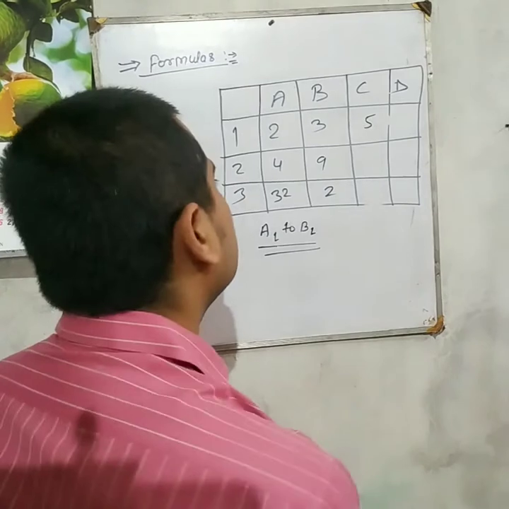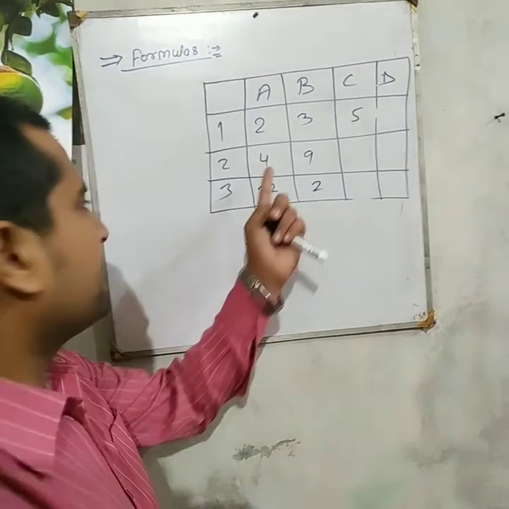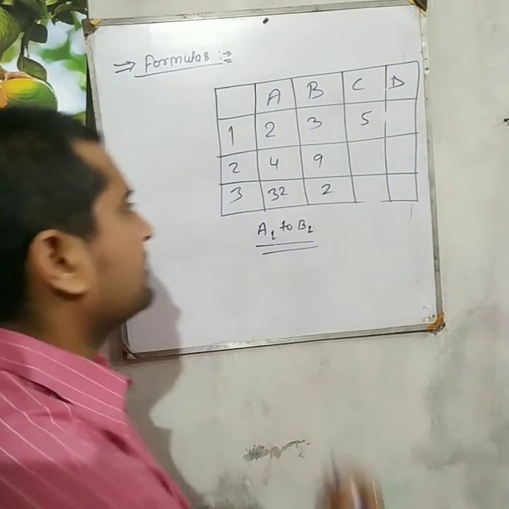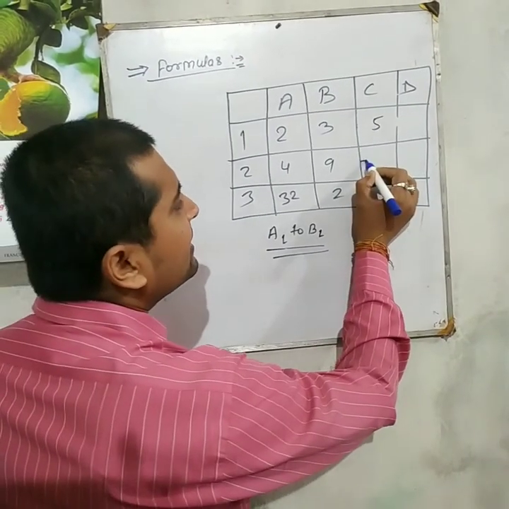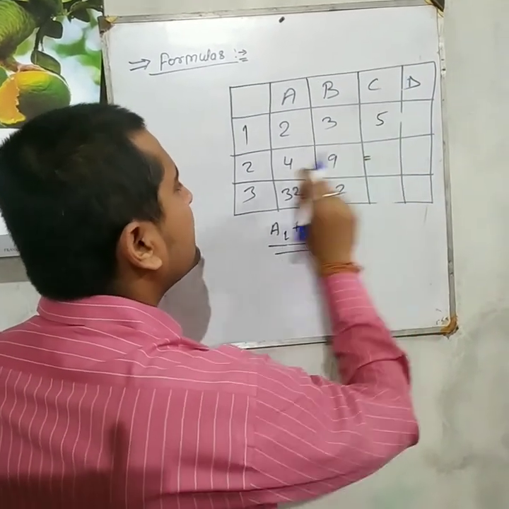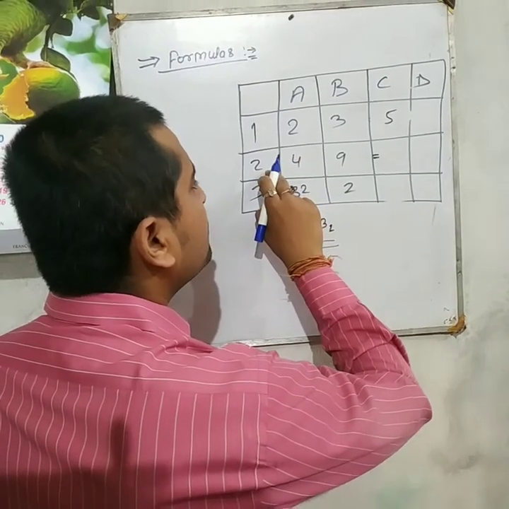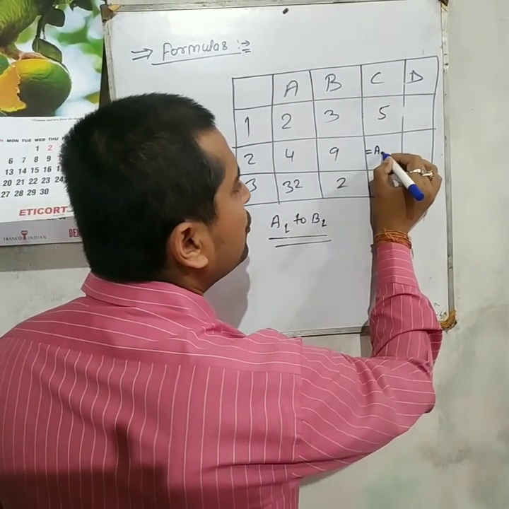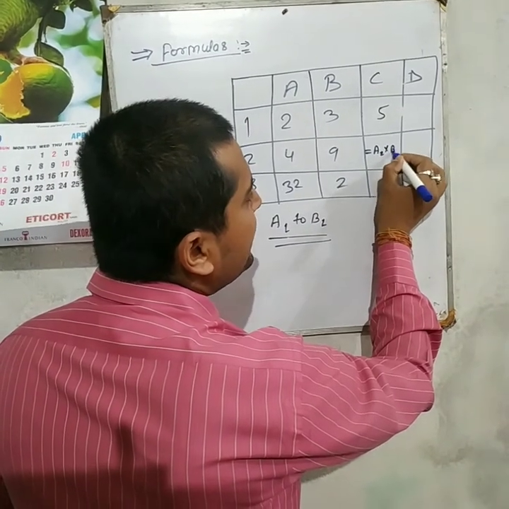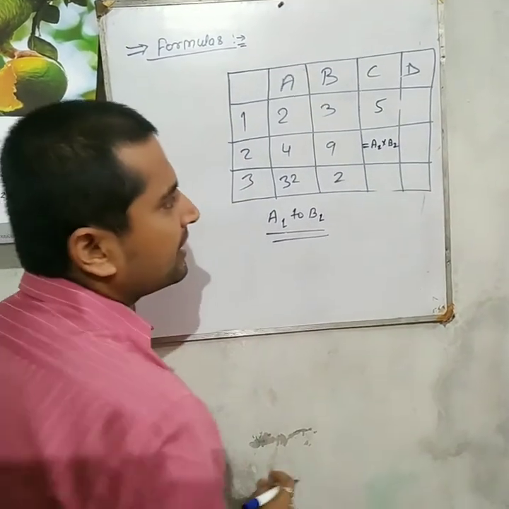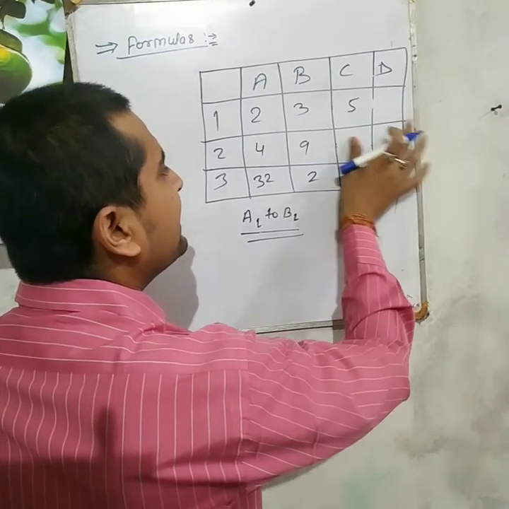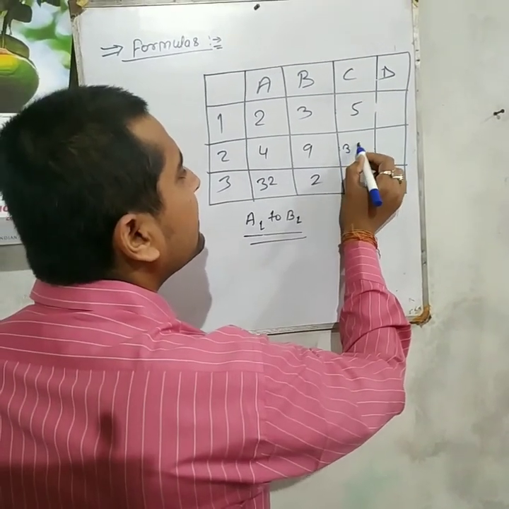That is clear? I want to multiply two numbers, that is 4 and 9. How can you do this? Here we can write equal to A2 into B2. Then press the Enter key. Then the result is 36.